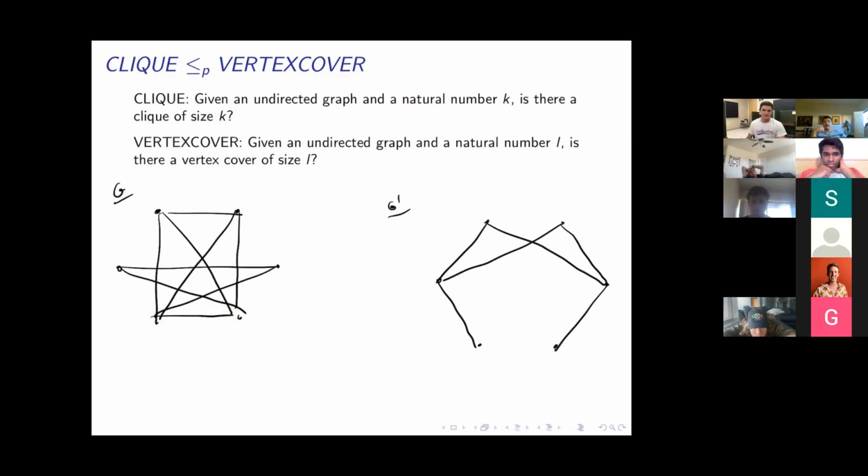We produce the complement of the original graph. And now the claim is that the original graph has a clique of size K, in this case 4.